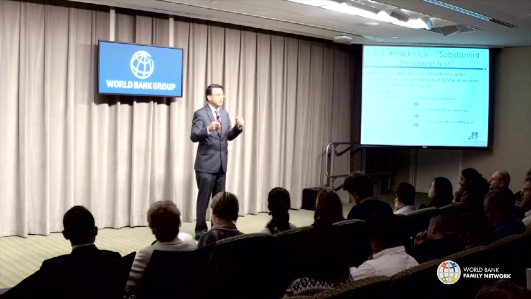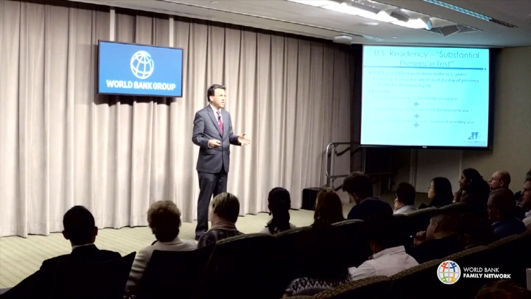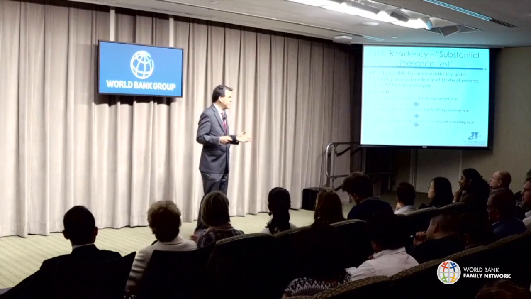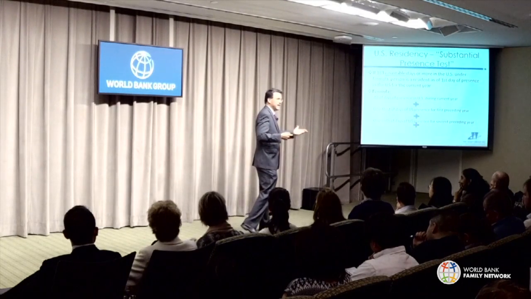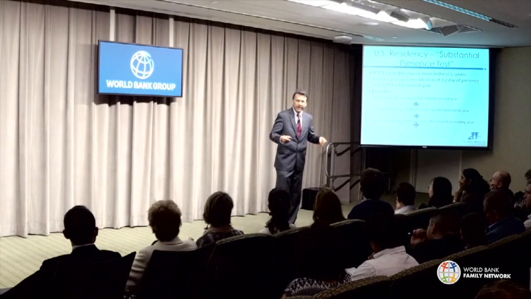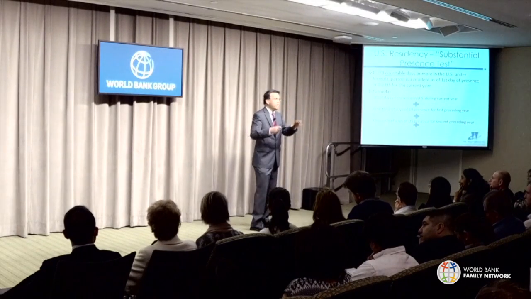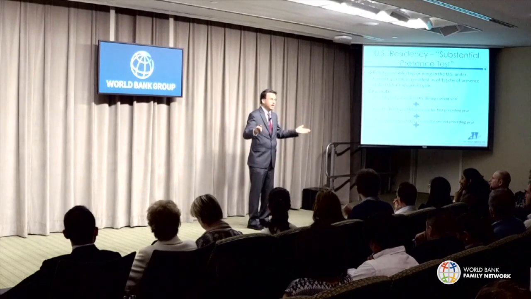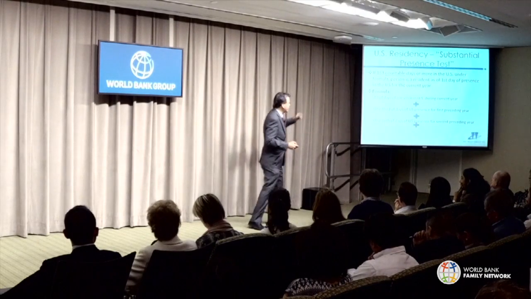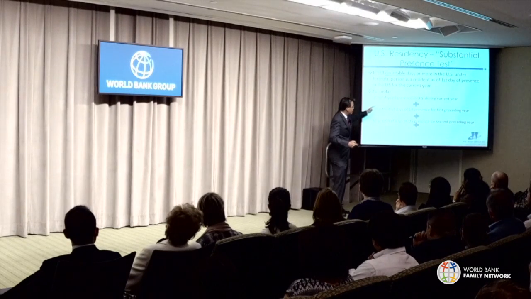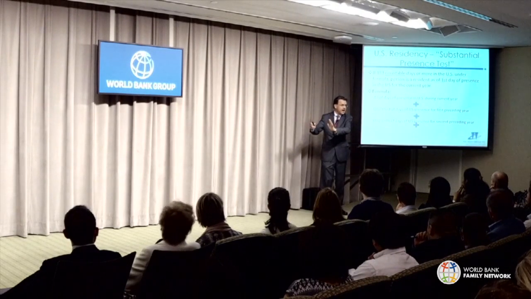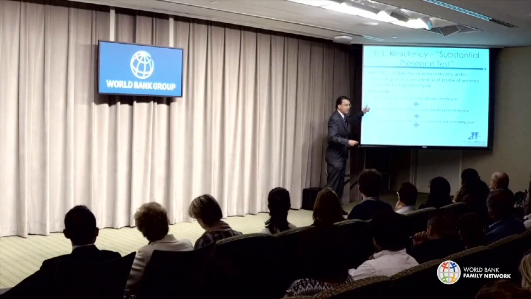It's a test based on physical presence days for any foreign national coming into the United States, and the magic number at which they trip the substantial presence test is 183 days. But it's not based on just 183 days in the current year. There's a formula, of course. The formula is you take the total number of days that the foreign national is in the United States during the current year.